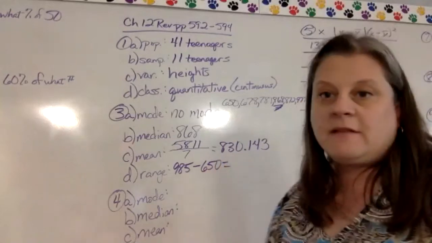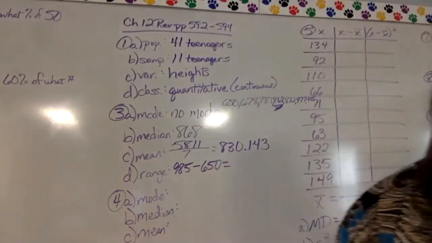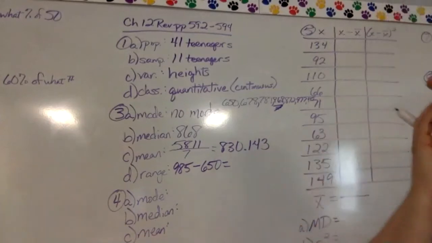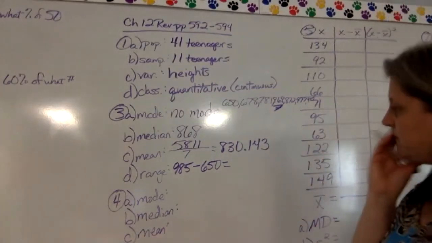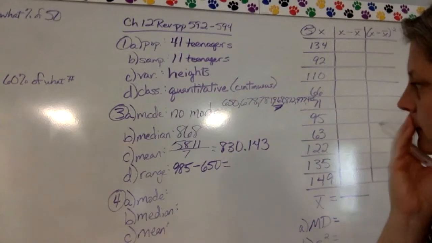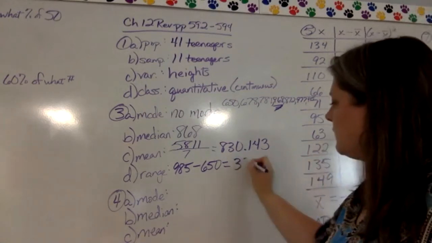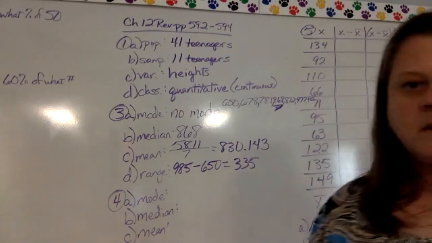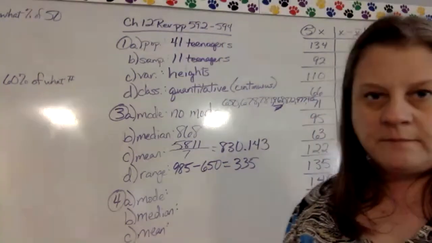So 985 minus the 650. So you get 335. Okay. So, pretty good with that?